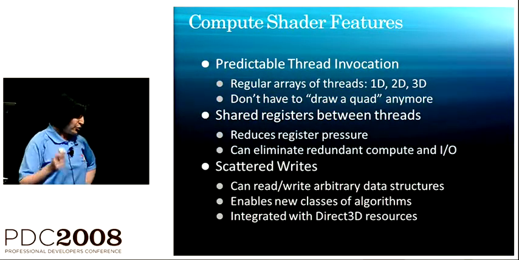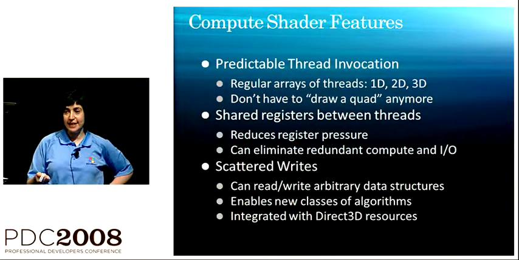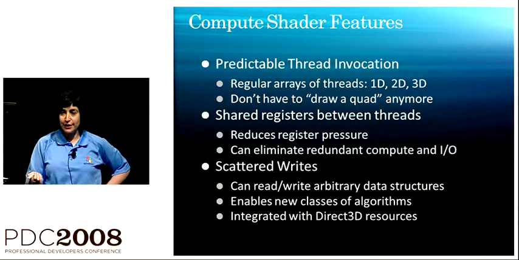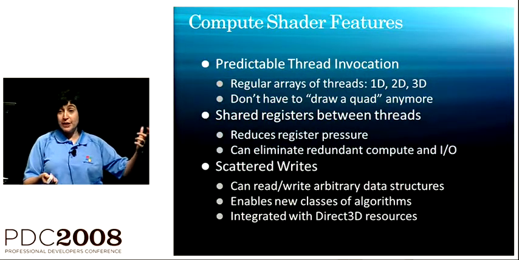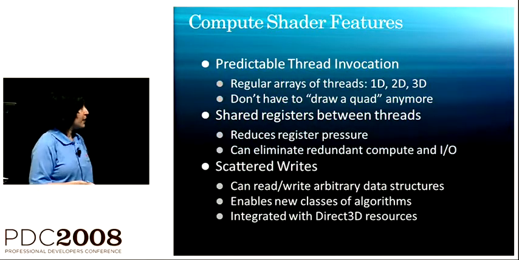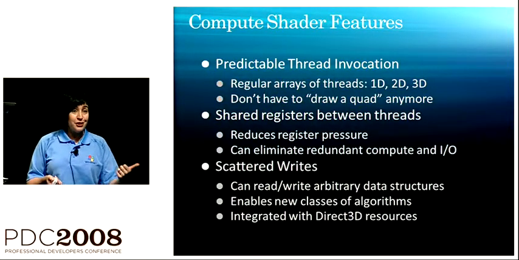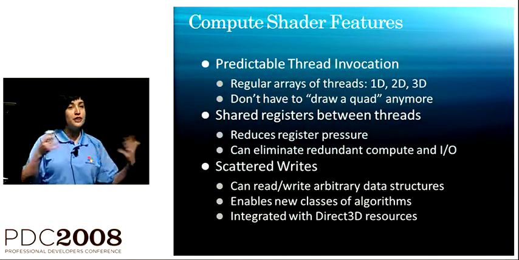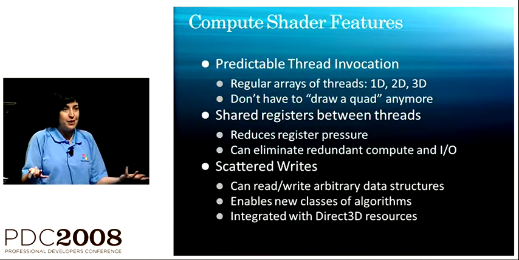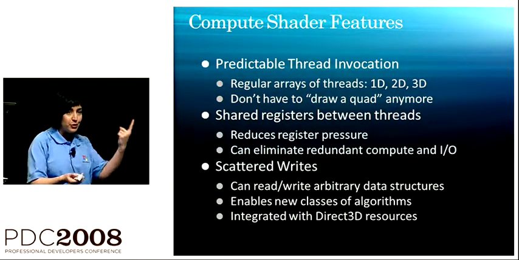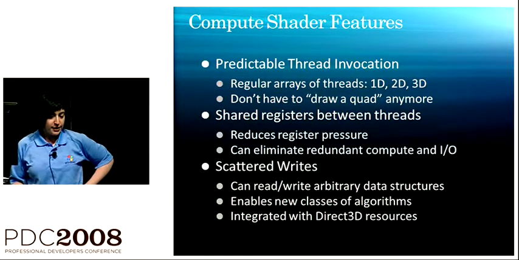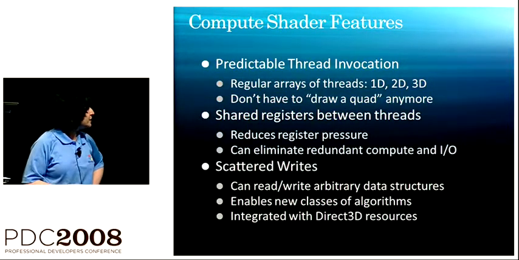In a few minutes we're going to look at an example where you might calculate the average intensity over an image, and then for each pixel, move it either closer to or farther away from that average intensity, depending on the operation. Well, the average intensity isn't changing over the image, so we want to store that in one register that all these threads can access. We don't need to spew that everywhere. It's the same value. So this can eliminate redundant computations.